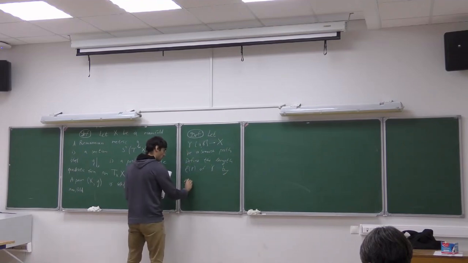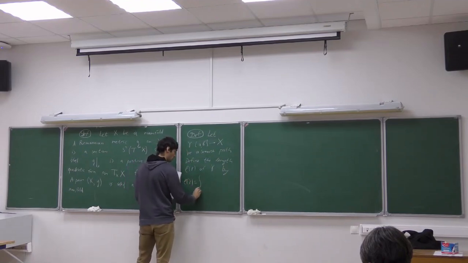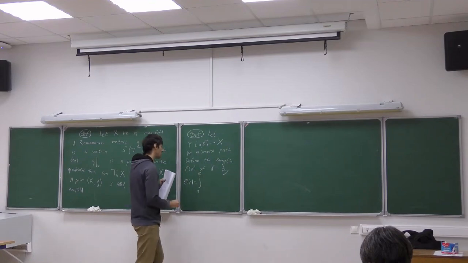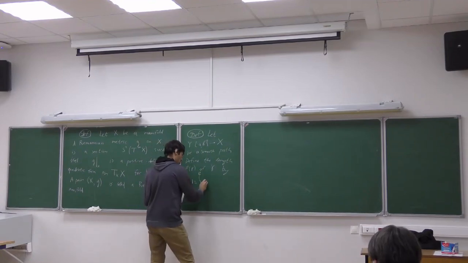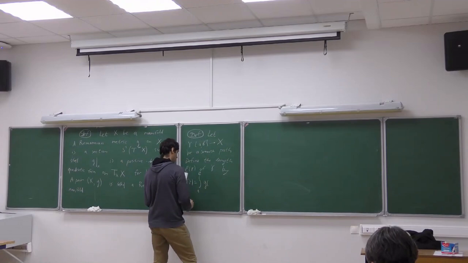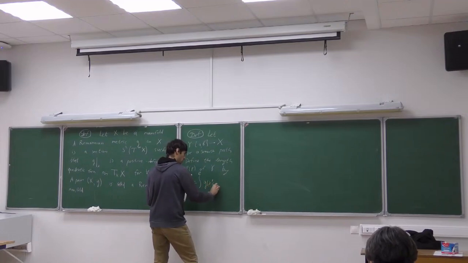L of gamma is just the integral from a to b of g of gamma prime of t, gamma prime of t, dt.